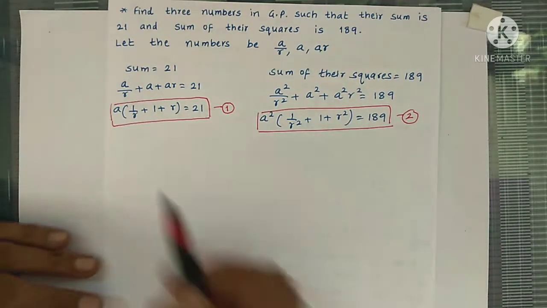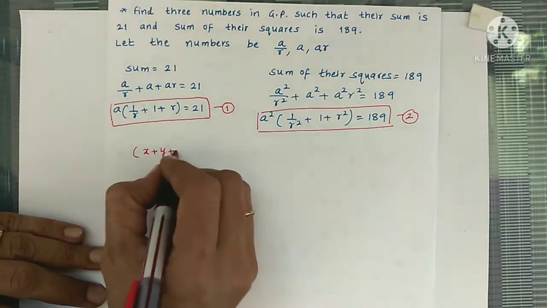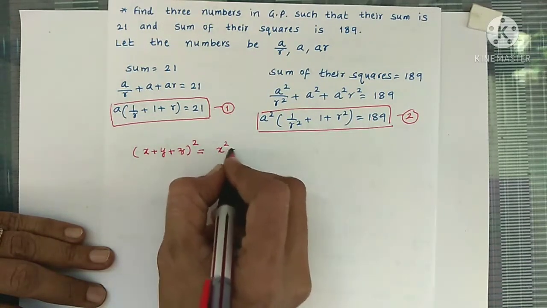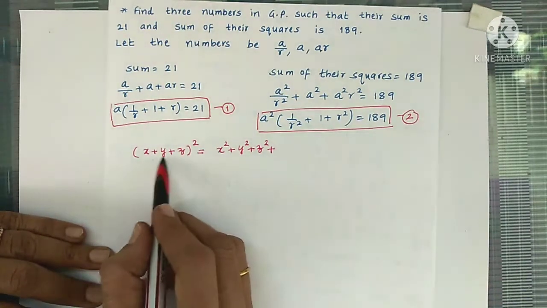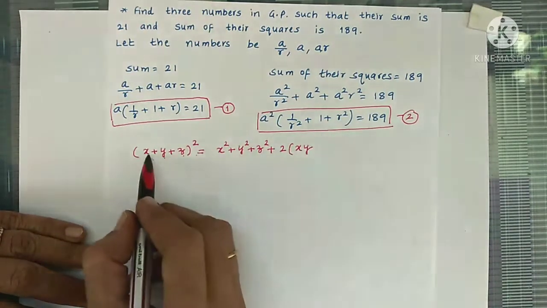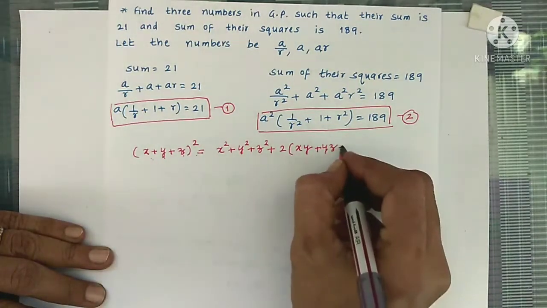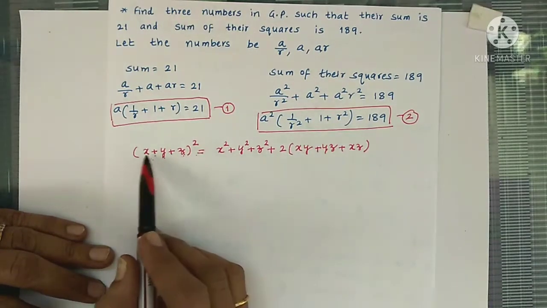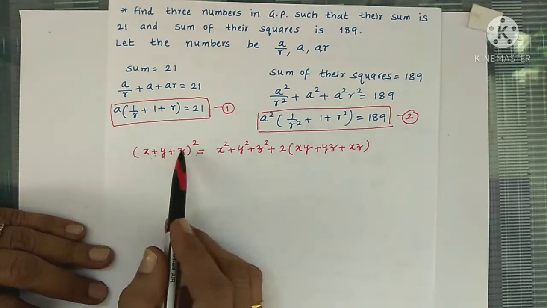So for that we have to use the formula for the square of the sum of 3 terms, (x plus y plus z) square, which is x square plus y square plus z square, that means square each term here, then 2 into bracket xy, first and second term, then yz, second and third term, plus the product of first and third term. So we have to take the product of 2 terms at a time from these 3 terms: x into y, y into z, x into z.